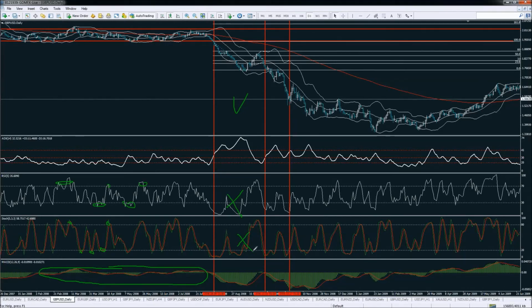And unlike Bollinger Bands as well, the price won't really obey those boundaries anymore. It will go outside of it. So we don't use Bollinger Bands. We don't use them. Only ADX, MACD. That's all you need.